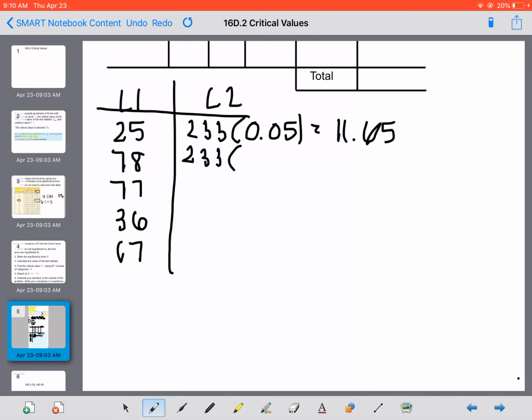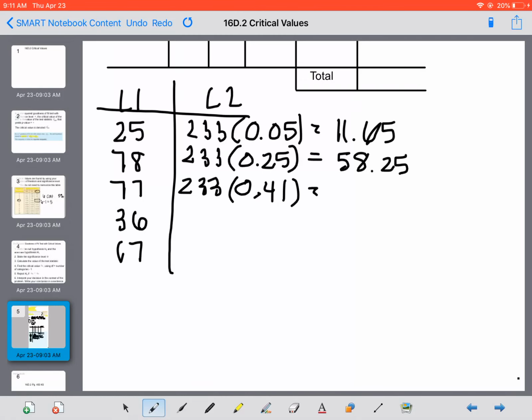233, the next category was 25%, so times 0.25, and we get 58.25. 233, the next category was 41%, so times 0.41, and that gives us 95.53. 233 times 20%, which is 0.2, gives us 46.6.